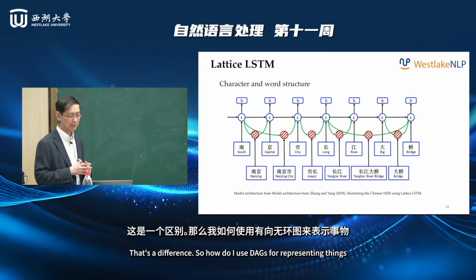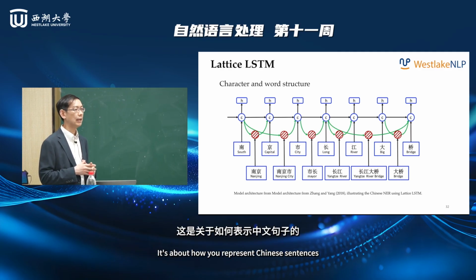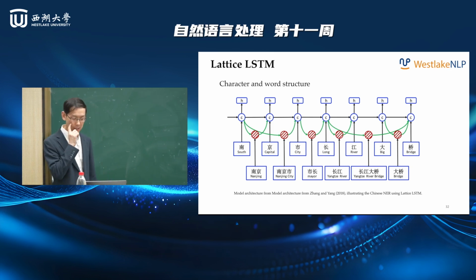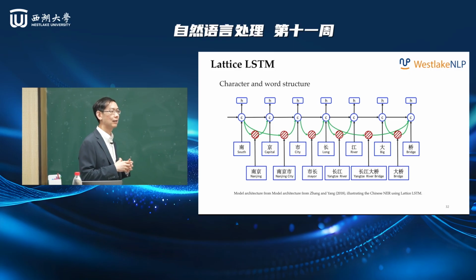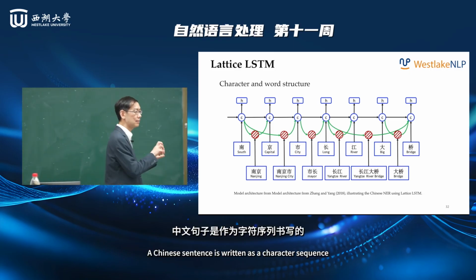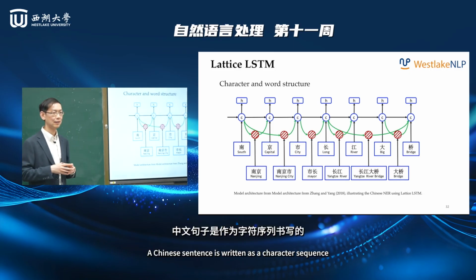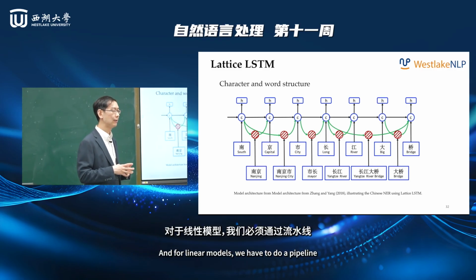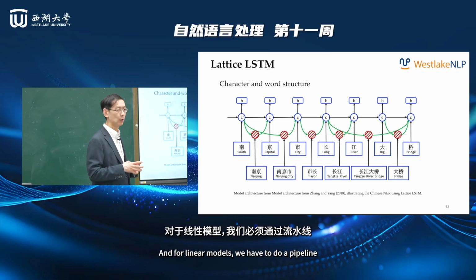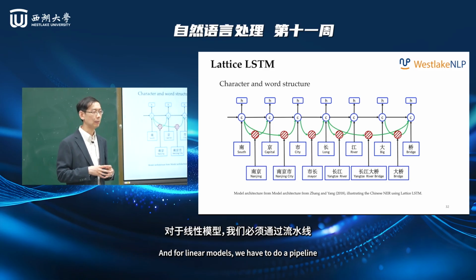So how do I use DAGs for representing things? Here, let me give you one simple example. How do you represent Chinese sentences? Okay, so you know a Chinese sentence is written as a character sequence, right? And for linear models, we have to do a pipeline.